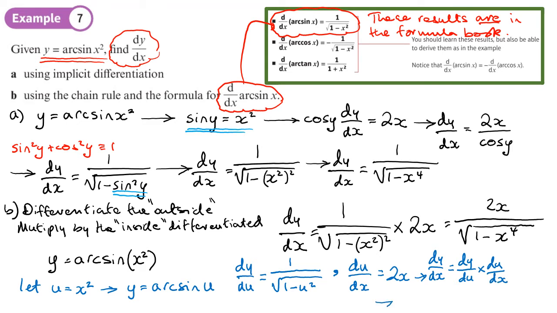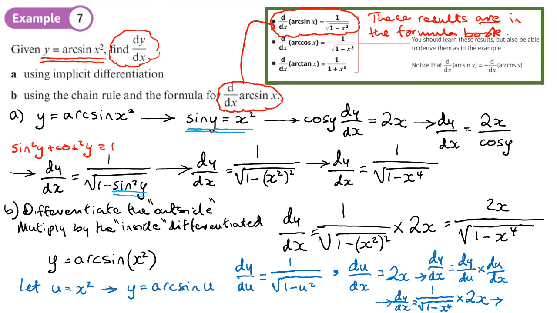So that would give us dy dx equals dy du, which is 1 over the square root of 1 minus u squared. Now we'd substitute u squared back here. So u squared is going to be x to the power 4. So 1 minus x to the power 4 times du dx, which is 2x.